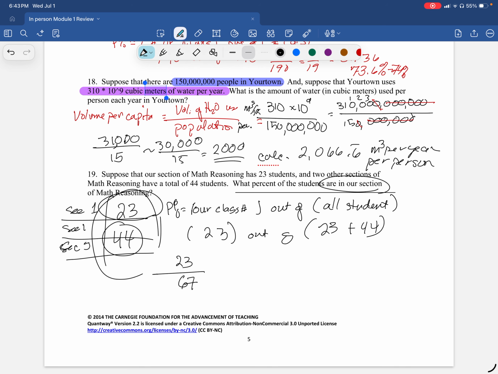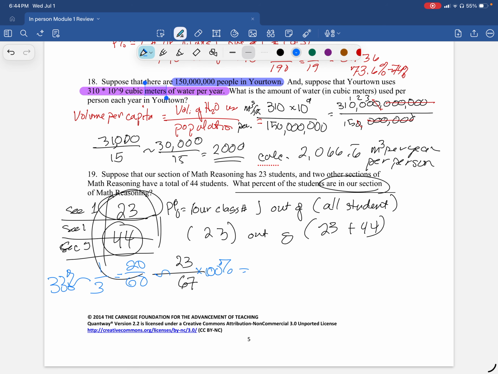So to have an estimate, it's always good to have one of those. This is roughly 20 out of 60, which is 1/3. So we're expecting somewhere in the 33%. So estimating is also good to let you know your calculator's doing it right.